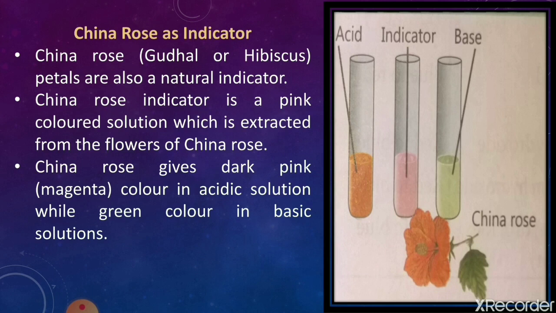When China rose indicator reacts with acidic solution, it changes into dark pink color. Firstly the China rose indicator in solution form is very light pink in color, but when it reacts with acidic solution, it will become dark pink, means magenta color, and when it reacts with basic solution, it will give green color.